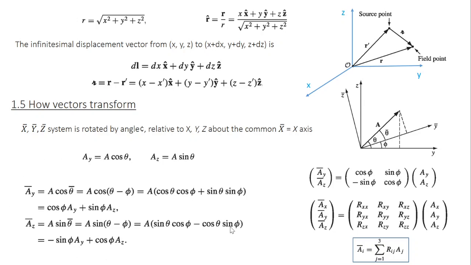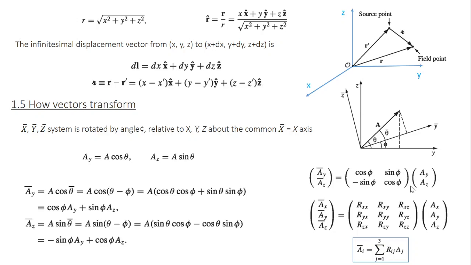Now you can write this in the matrix form. So matrix Ay bar, Az bar equal to cos phi, sin phi, minus sin phi, cos phi multiplied by matrix Ay, Az.